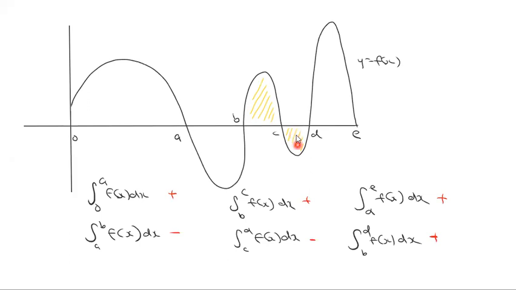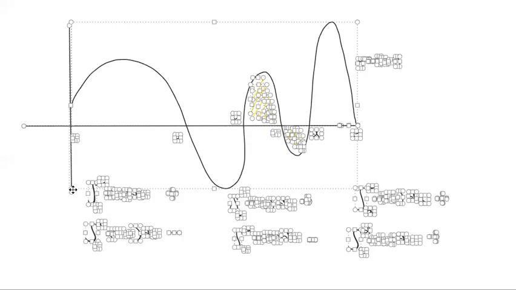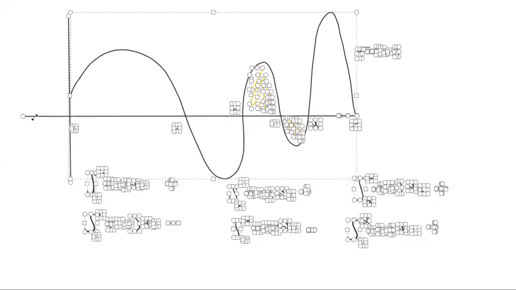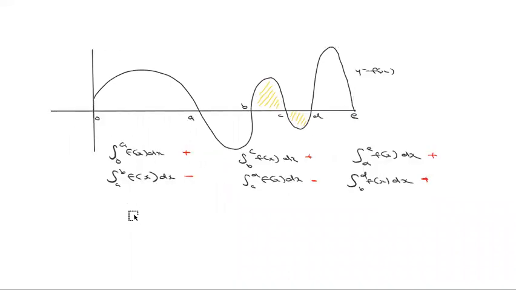So to find the area shaded in yellow, we would have to basically take the integral from b to c of f of x dx, and then we would need to, let me do it another way. It's basically area 1 plus area 2.